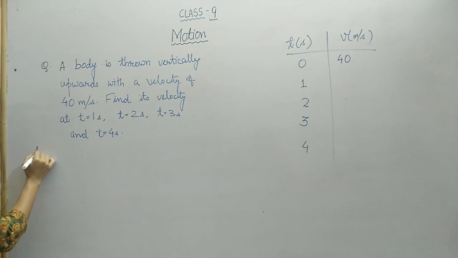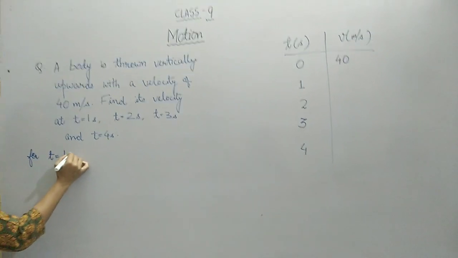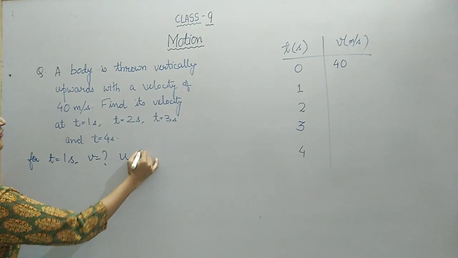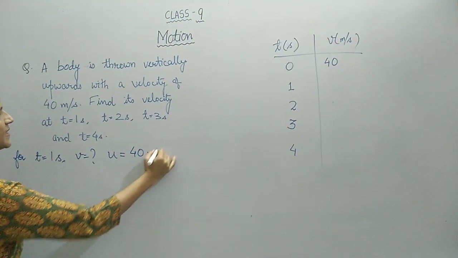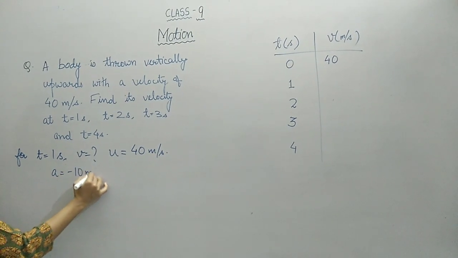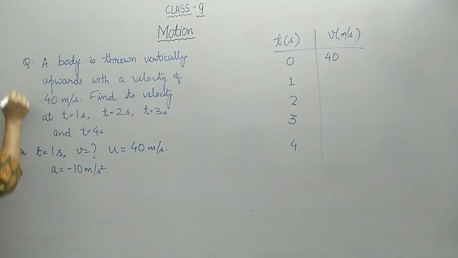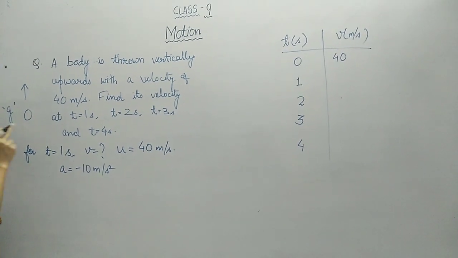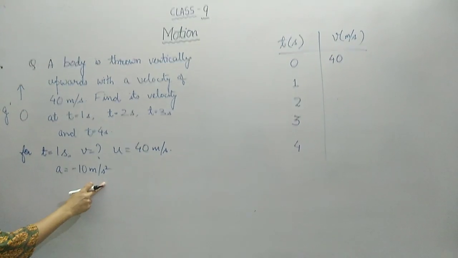So for t equal to 1 second, when we have to find out the velocity, we will use the value of initial velocity to be 40 meter per second and acceleration as minus 10 meter per second square, because in upward direction I told you that g is retarding, and retardation is taken with a negative sign.